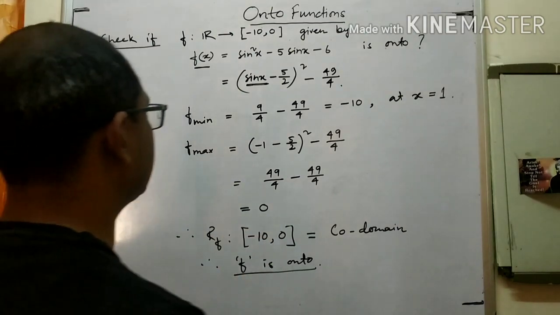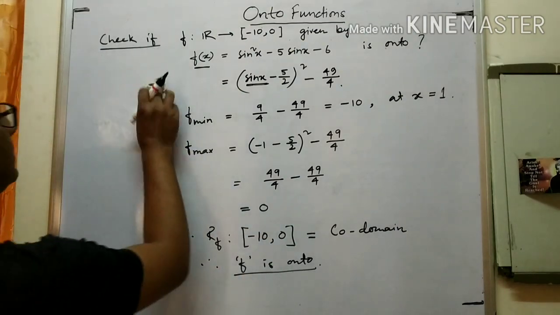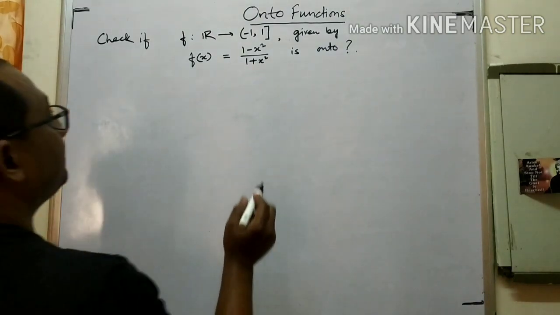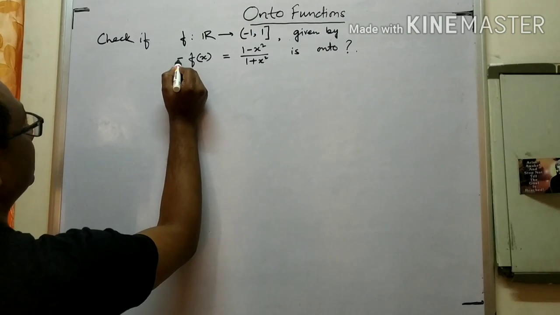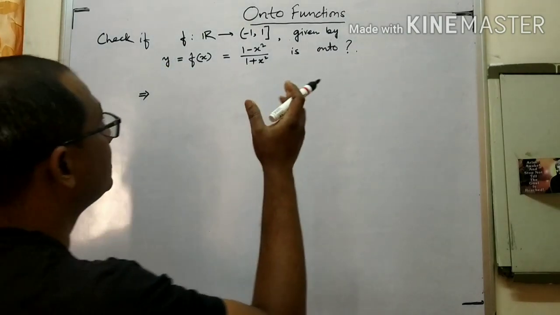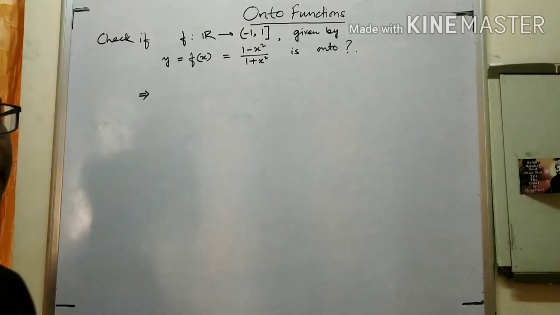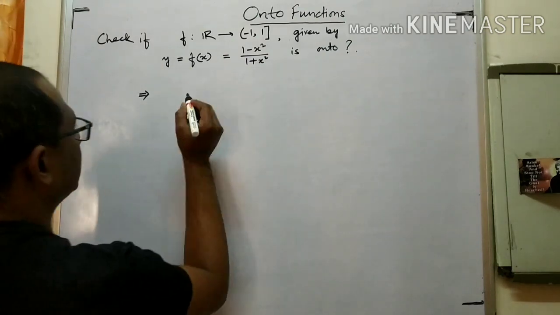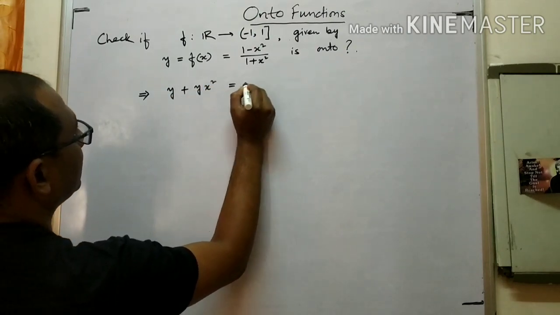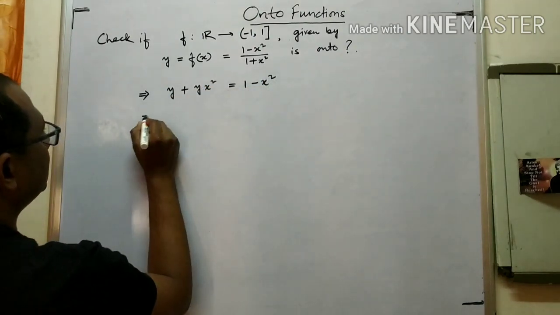Okay, so let us go for another kind of question. Check whether it is onto. Again we'll take this to be equal to y and try to find the range. If it is exactly equal to the given codomain, we'll declare it to be onto. So y plus y x squared equals 1 minus x squared.